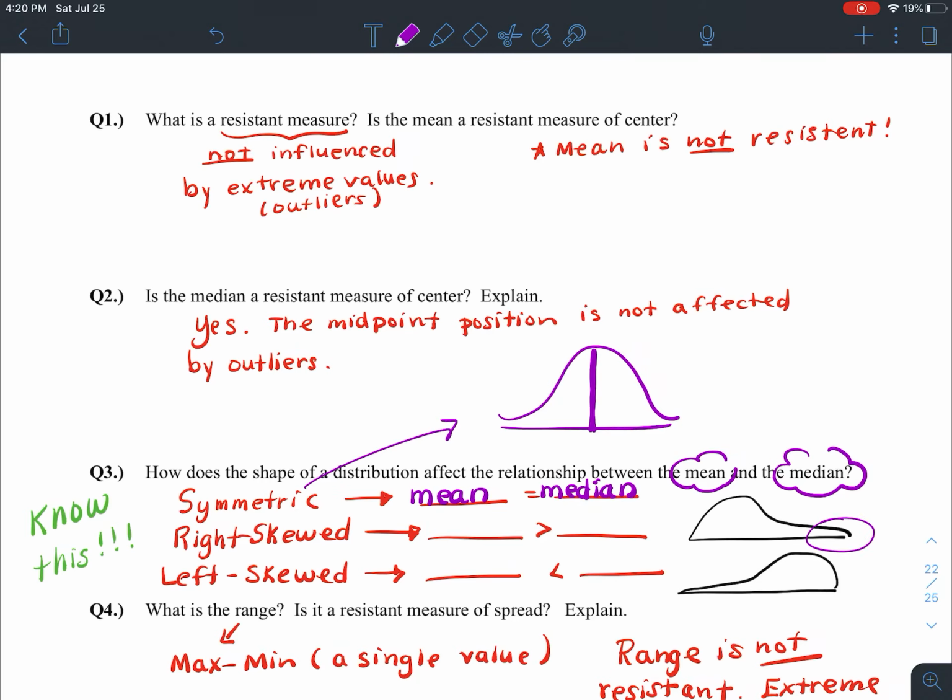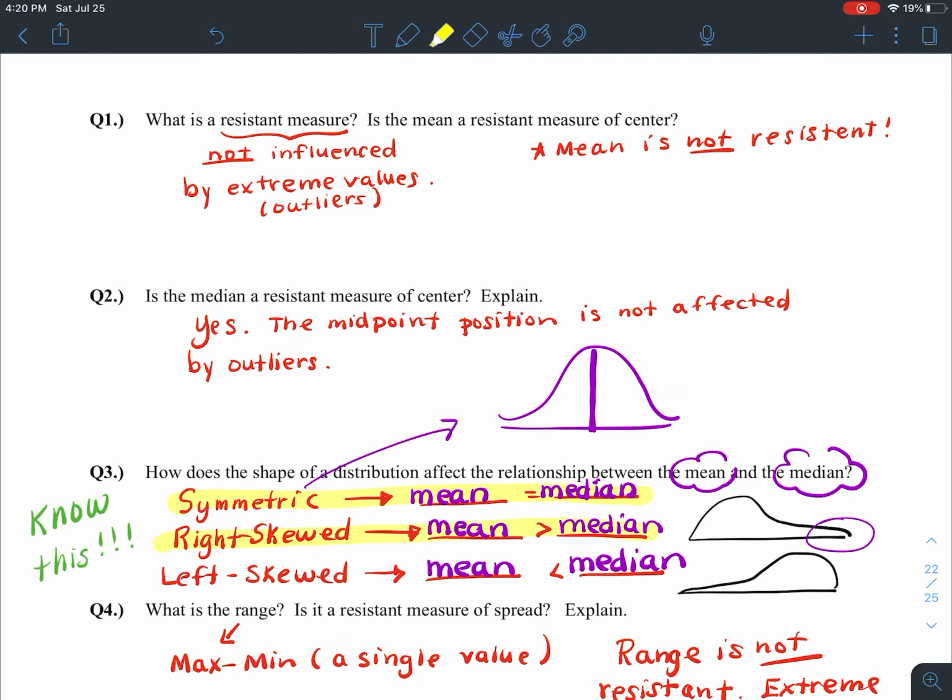If your data is right skewed, so maybe there's some outliers over here on the right, your mean will always be pulled towards the outlier. So if you're talking about right skewed data, the mean will be greater than the median, and if it is left skewed data, the mean will be less than the median.